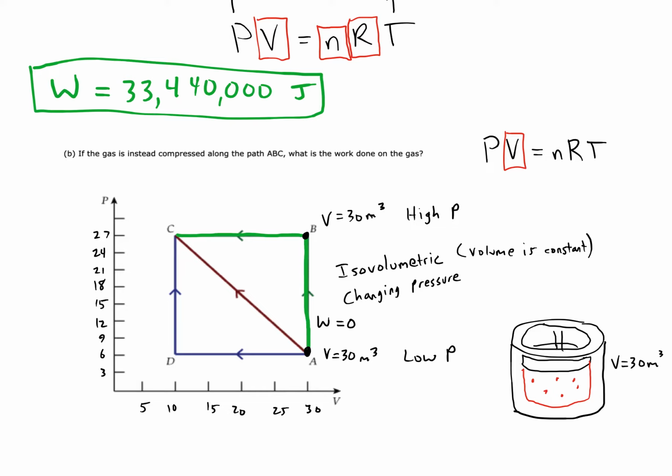Since it's containing a substance, and let's say that these walls are metal, and you just can't transfer material in and out, then the n, number of moles of gas, is constant, and the volume is constant. This R, the gas constant, is by definition a constant. It's not going to change.